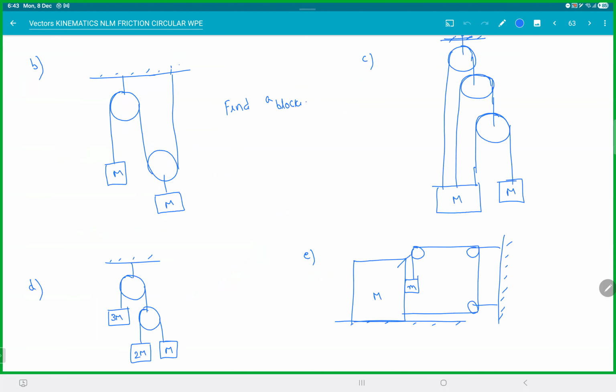Get the rest. The idea is the same. D is a little deadly if you try to do it the normal way. There's the thing I taught you for that also: pulley equivalent.